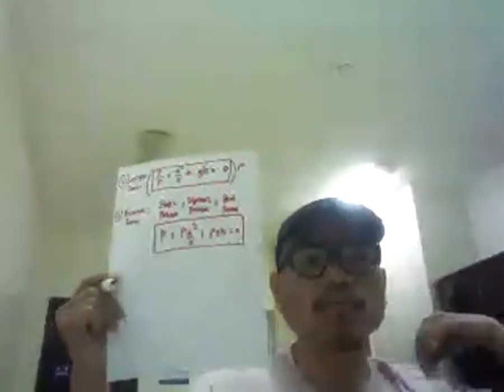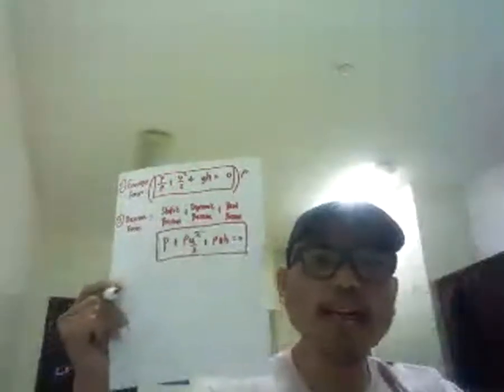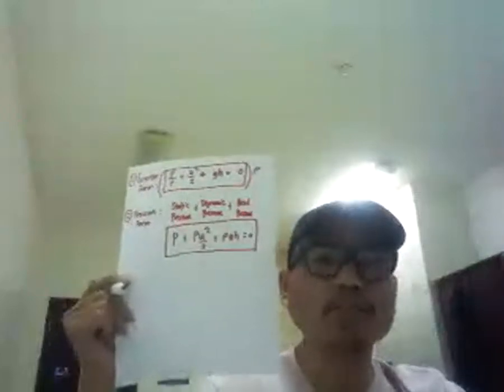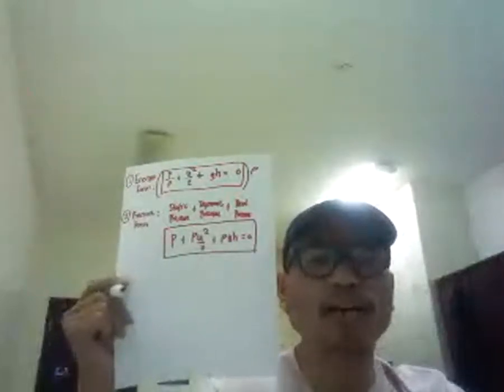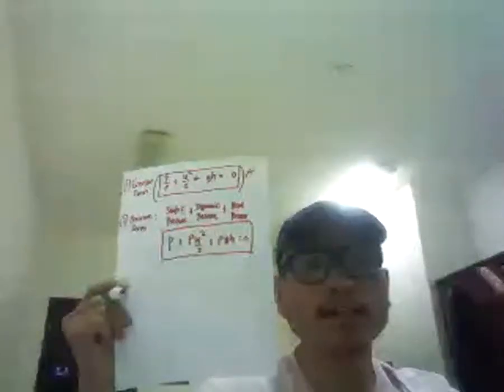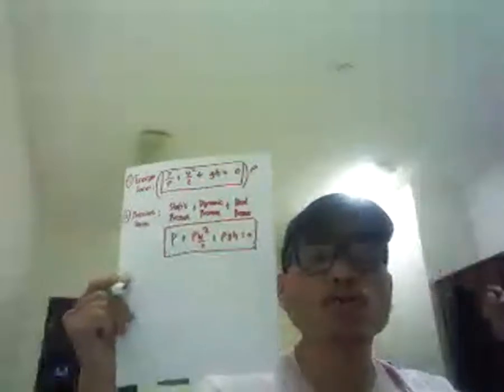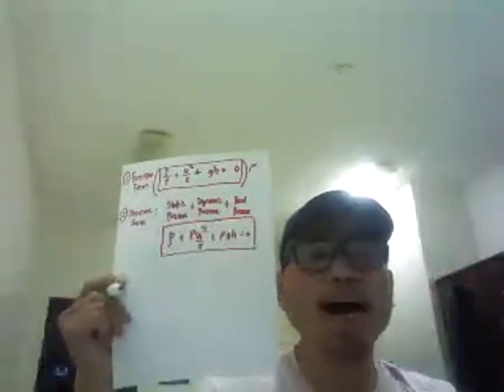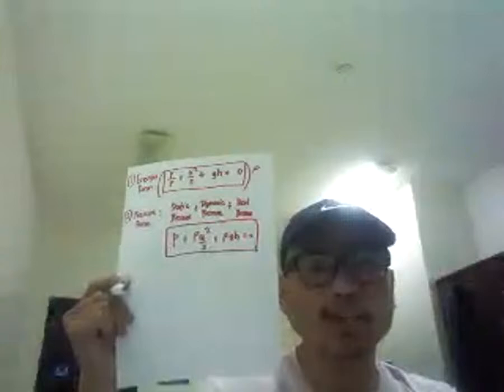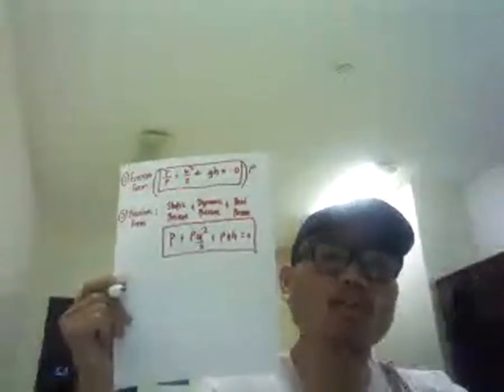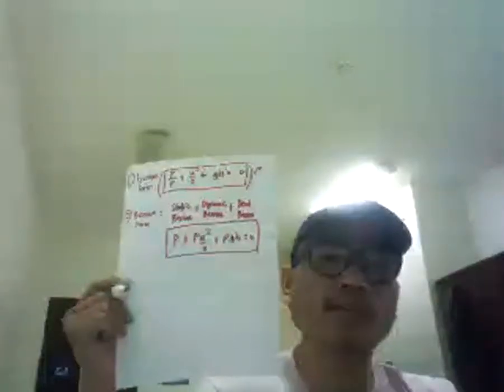So please remember that pressure is equal to force over area, all the time. And pressure is also equal to density times gravity times the height or the elevation. So equate those, and you can formulate another formula.